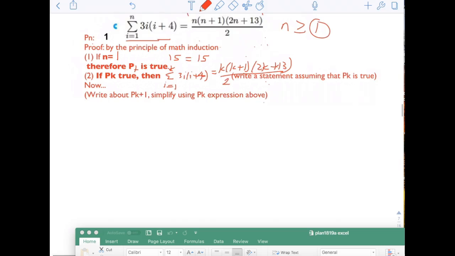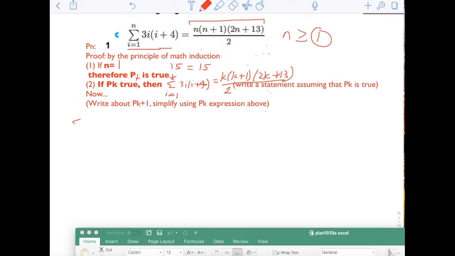Now we're going to write the k plus 1 version, so that would be i equals 1 to k plus 1 of 3i times i plus 4. And then we're going to try to algebraically modify this until we get this expression so that we could substitute in something like this. So let's try that.